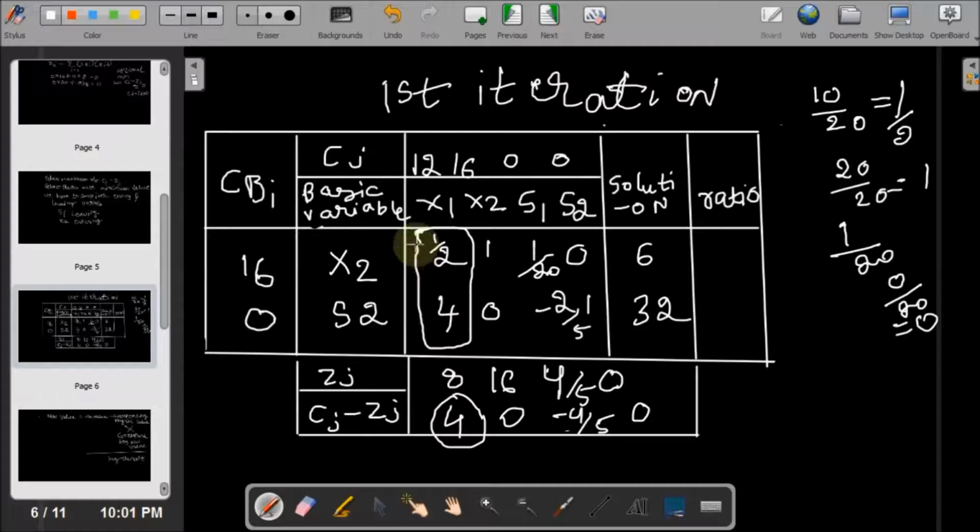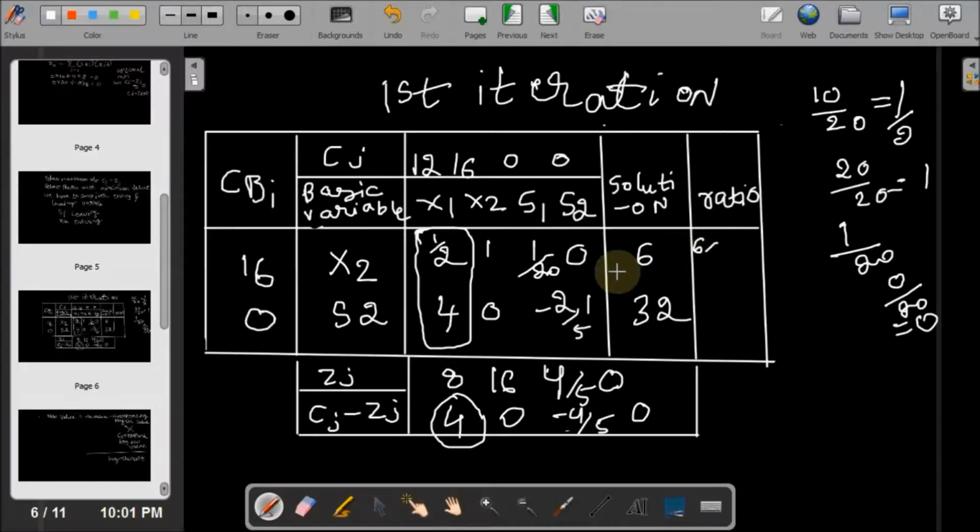So what is my key row here? You have to find out the ratio. 6 divided by 1 by 2.